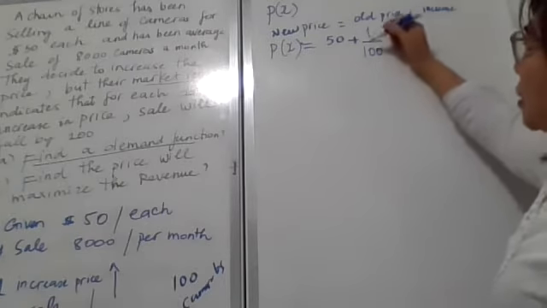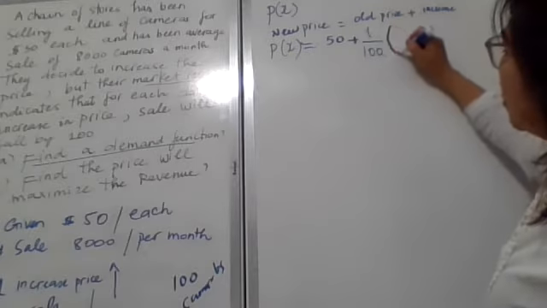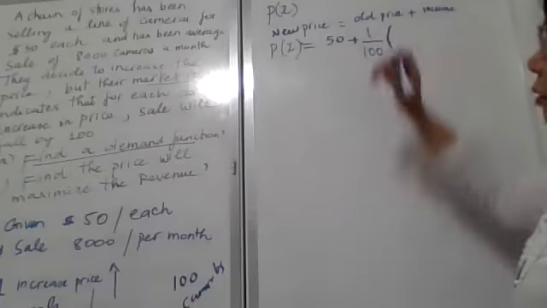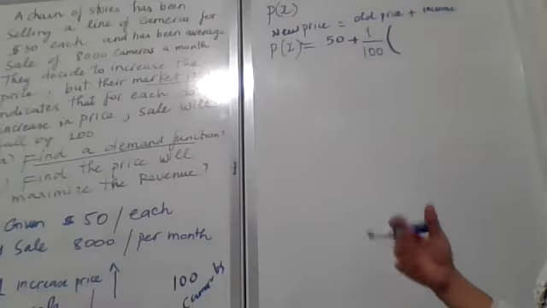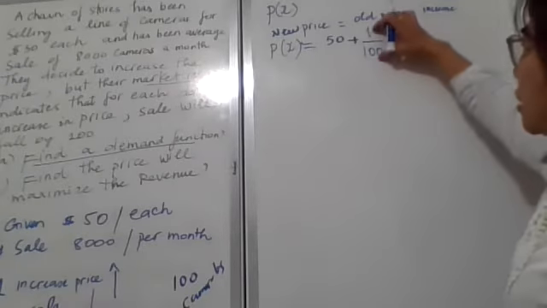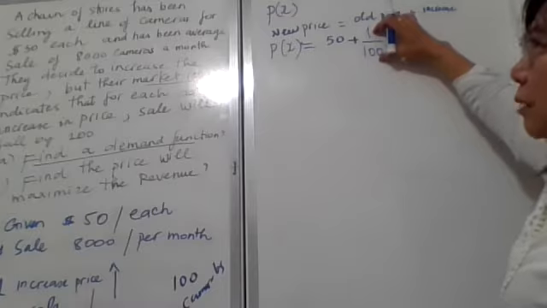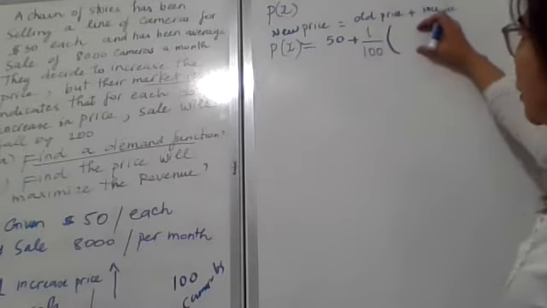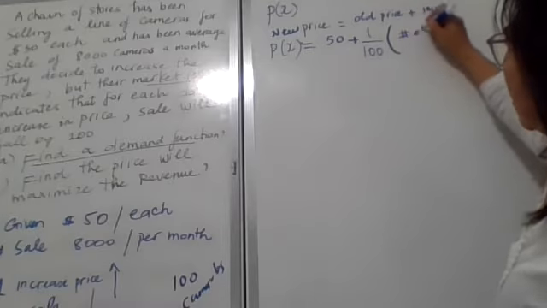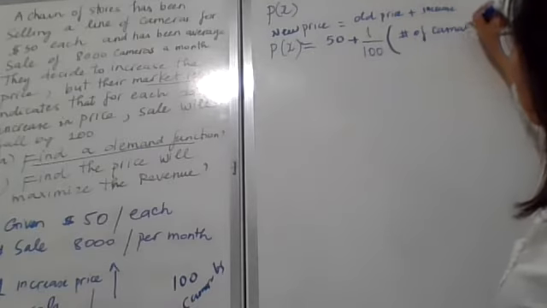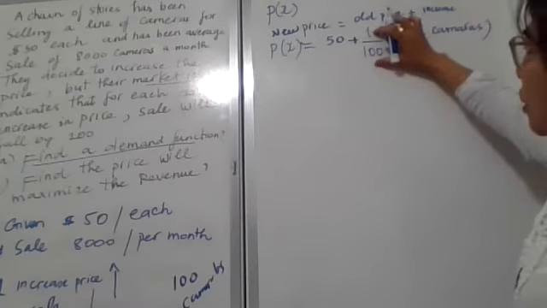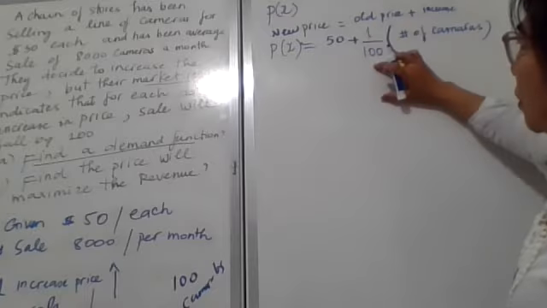Now this is the rate of increasing of each camera. But this rate of increasing has to be multiplied with the number of cameras, right? Because whether we sell 2,000 cameras or 3,000 cameras, for each of them the rate of increasing is 1 out of 100.